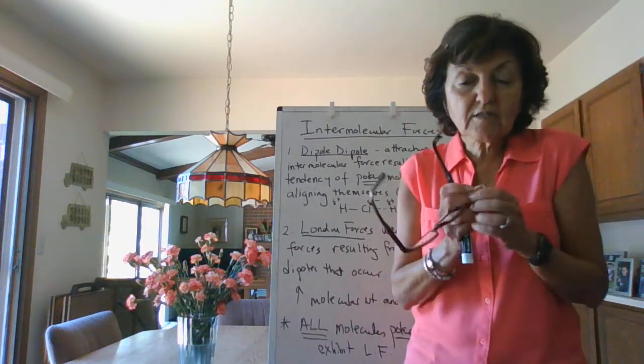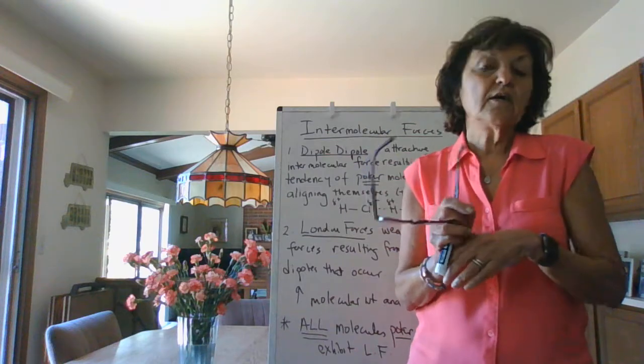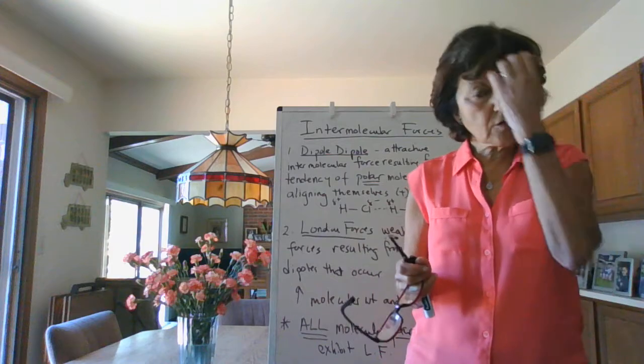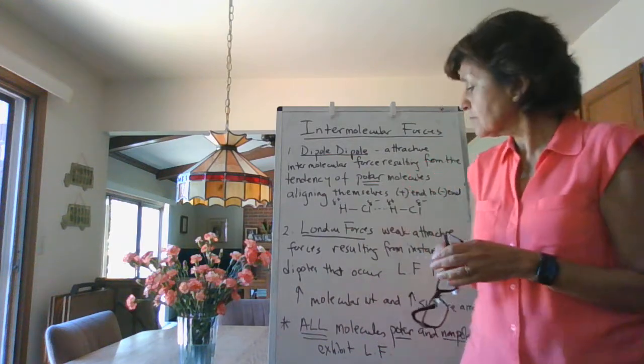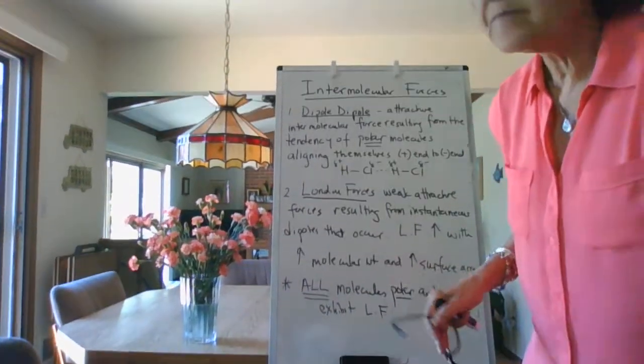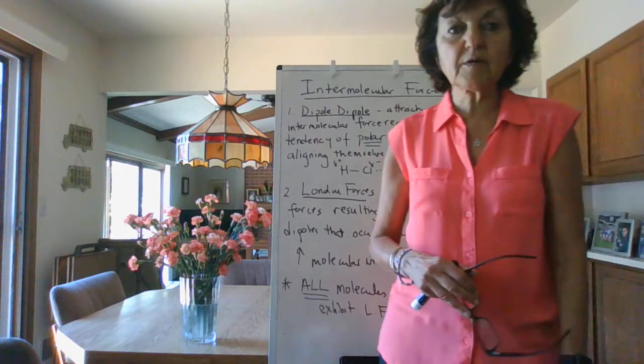But with a small, teeny tiny molecule, very little London forces, it's really easy to separate the molecules. There's not a lot of attraction. Which molecules can do London forces? Everybody. All molecules, polar and non-polar, exhibit London forces.